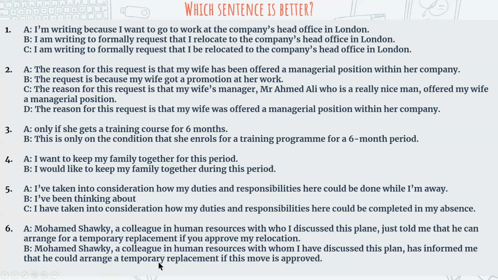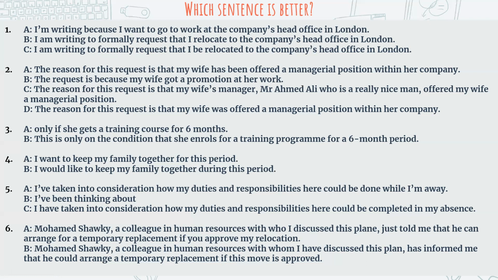This is a very good collocation: if this move, this relocation, is approved. If you look at the first sentence, if you approve my relocation, and in point B, if this move is approved. The second one is much better, of course, because it uses the passive voice. It's not like talking to the manager directly.